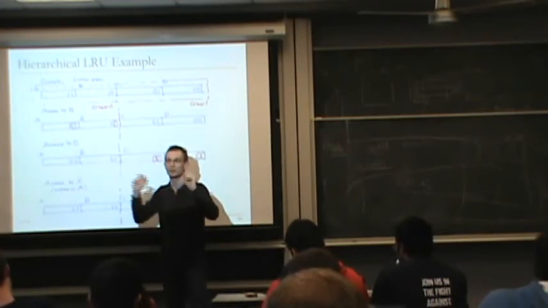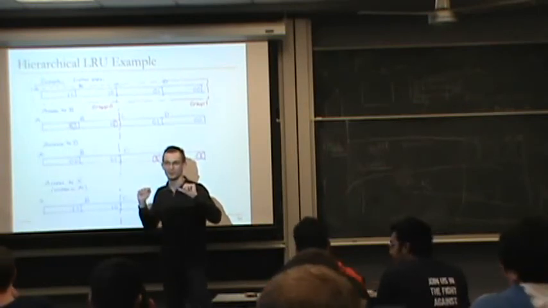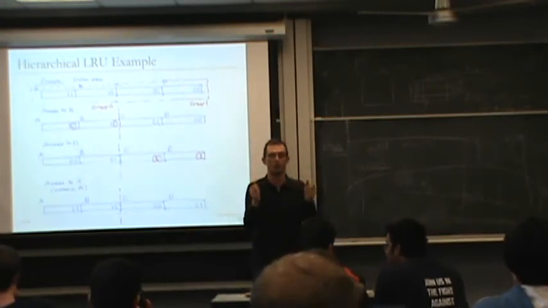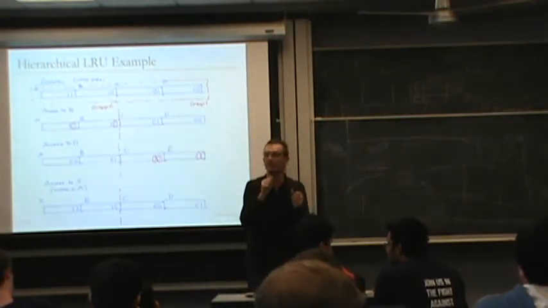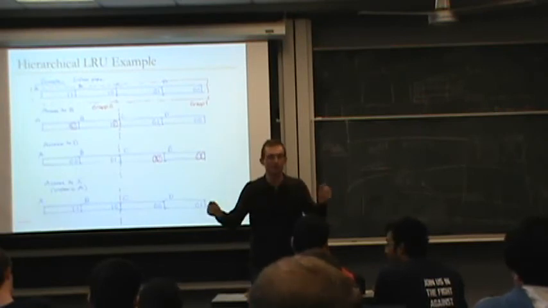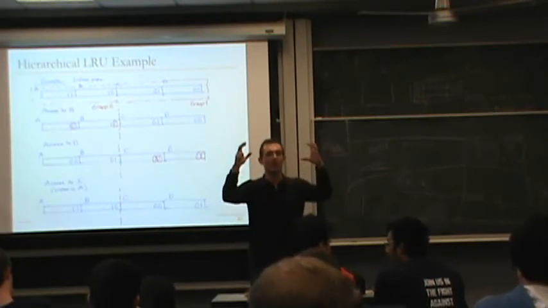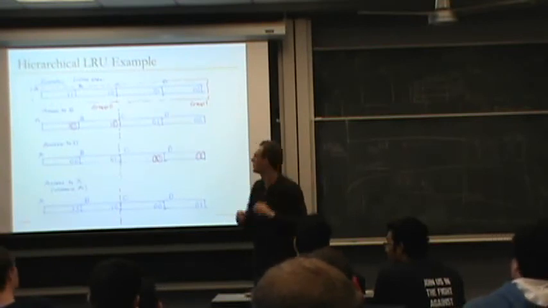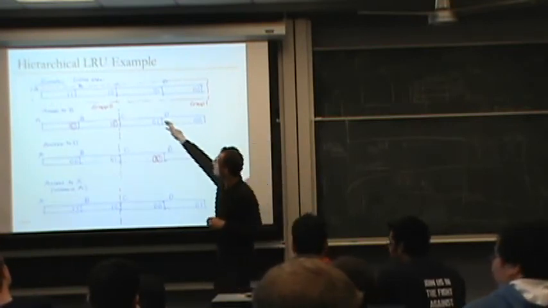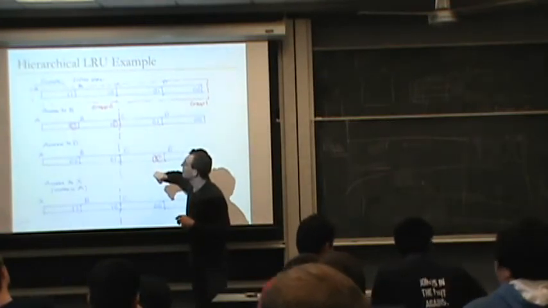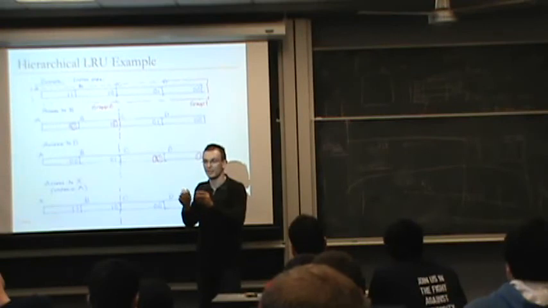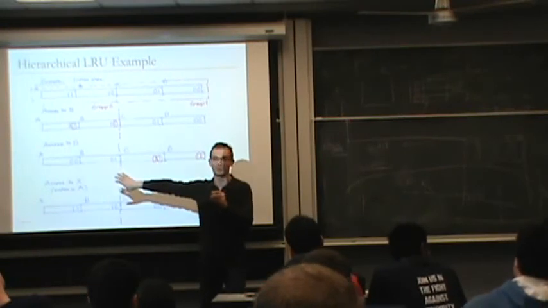You just look at the MRU groups. The key idea is really grouping. Instead of keeping track on a per-block basis of what is LRU and what is not, you keep track on a group basis. So you could think of other mechanisms, like you only designate the MRU group and only keep track of LRU within that group, and everything else could be random.